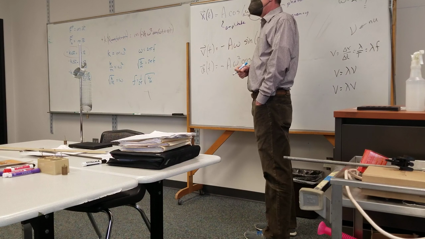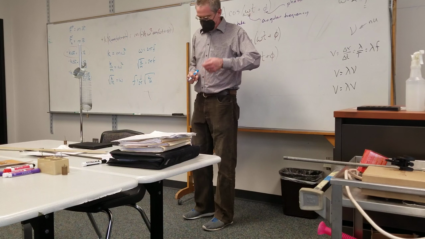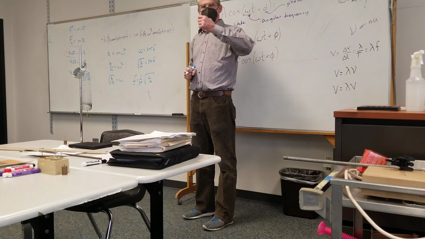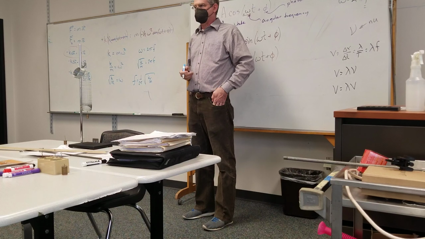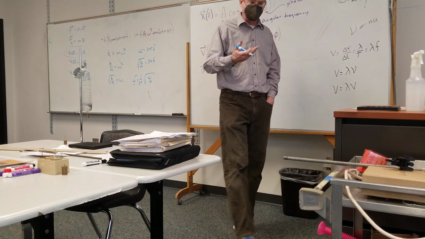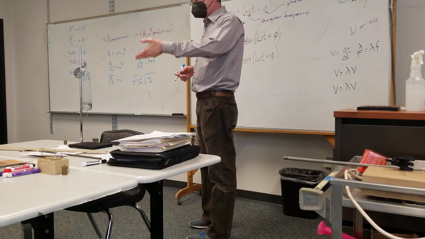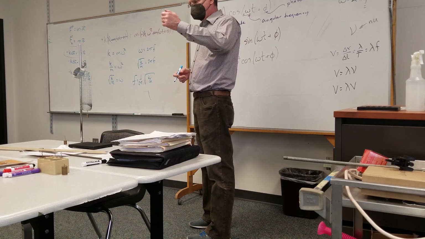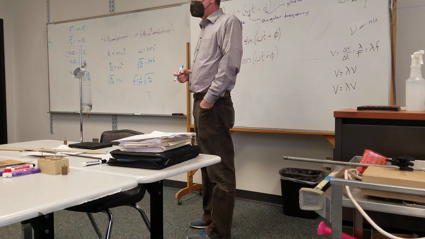And take it one step further, of course. Frequency is how many cycles happen per unit time. We'll just say per second. How many cycles per second? That's the standard unit, a cycle per second is a hertz. So I have this thing that's oscillating back and forth, and if we time it, we can figure out how many cycles it does within a second.